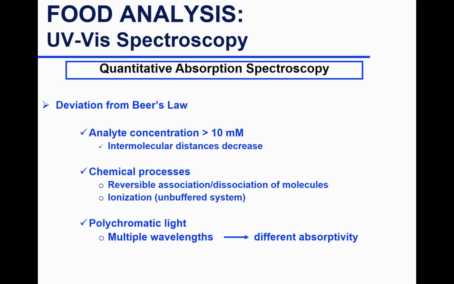Therefore, when we're quantitating, we quantitate at a particular wavelength. We want to make sure that our instrument is providing that one particular wavelength for quantification. But if we're doing qualitative measurement and structural elucidation, we want to see a spectrum, for example, then that is fine. But when we want to quantitate, we have to select one wavelength.